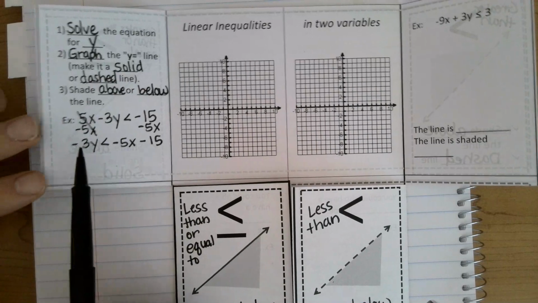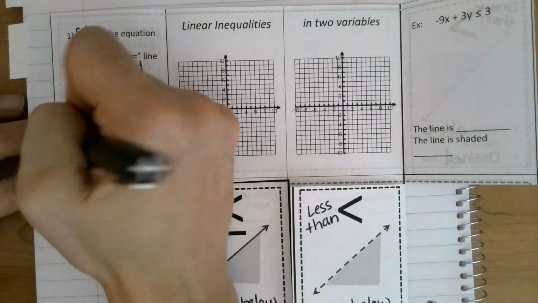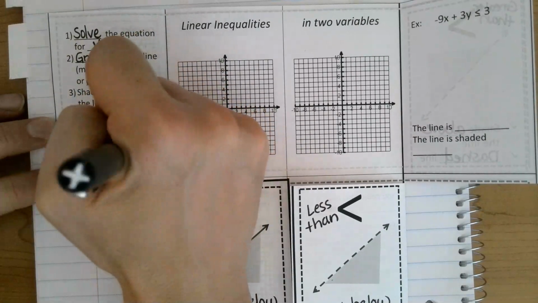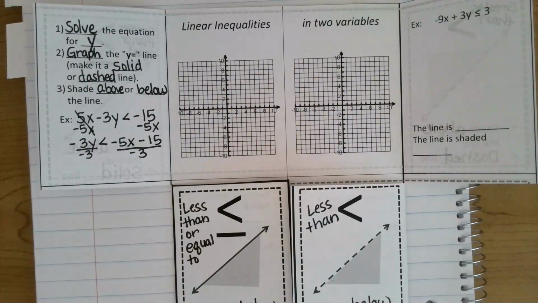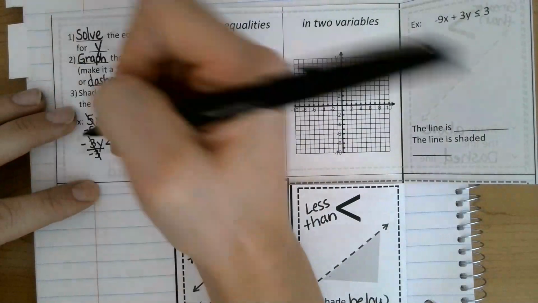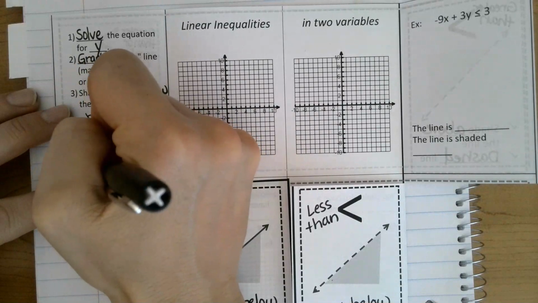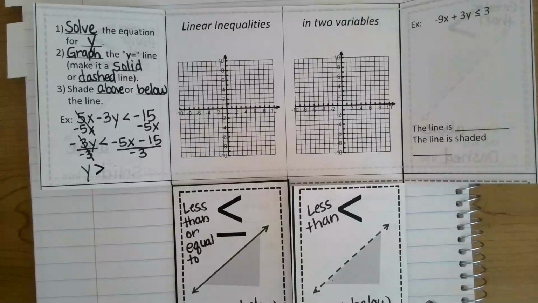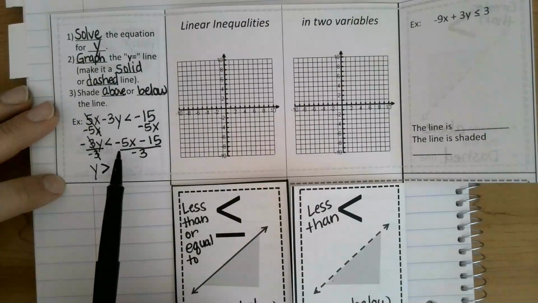All right, then we want to isolate that y, so how do we get rid of that negative 3? Divide everything by negative 3. Do you remember what happens when we divide by a negative? The sign flips. So y is greater than, and then again, keep your slope in simplest fraction form.